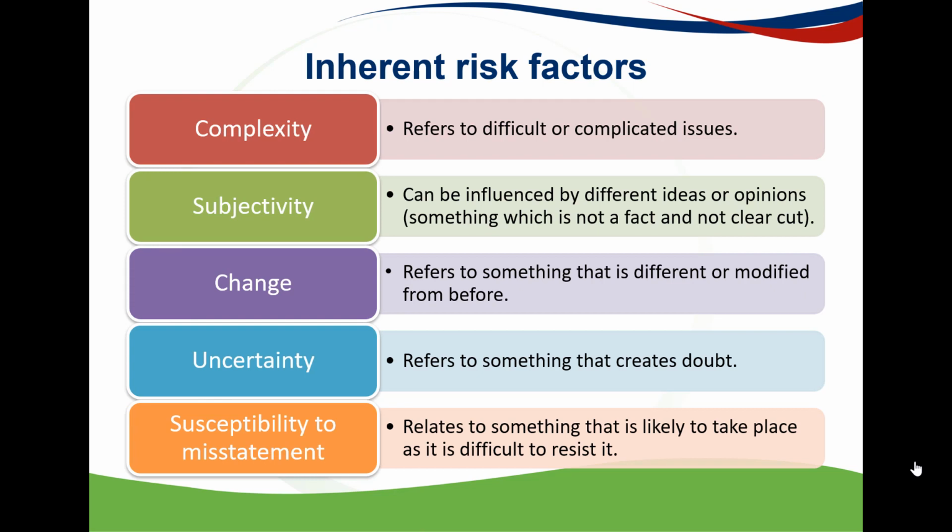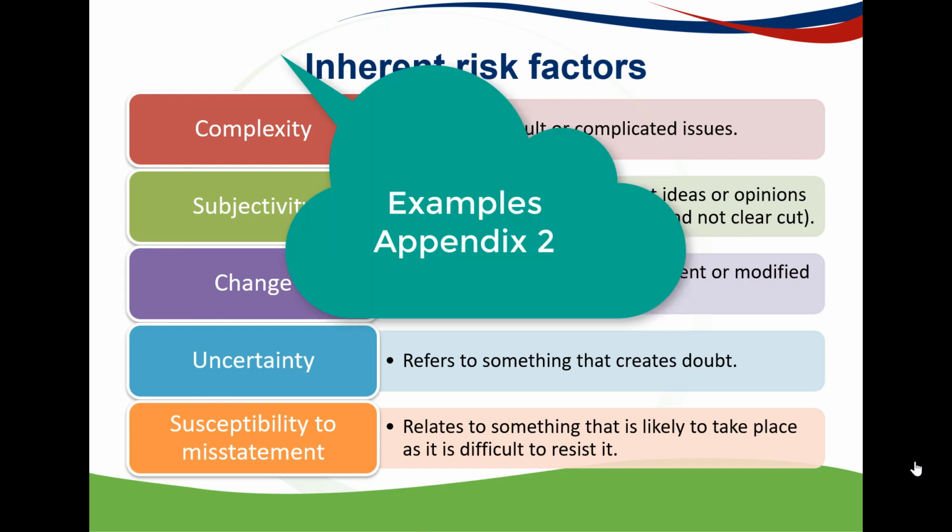For example, in the appendix, they will explain what types of risks can be included as part of complexity. If I look at the appendix right now, one of those examples can include operations that are subject to a high degree of complex regulation.